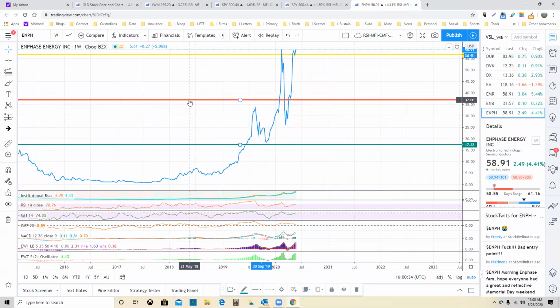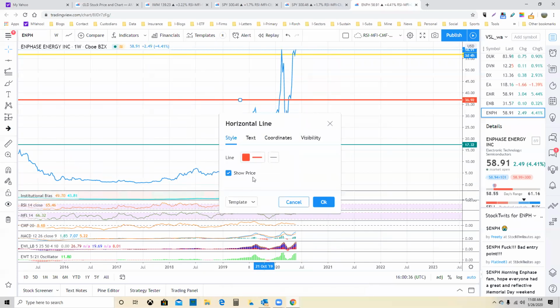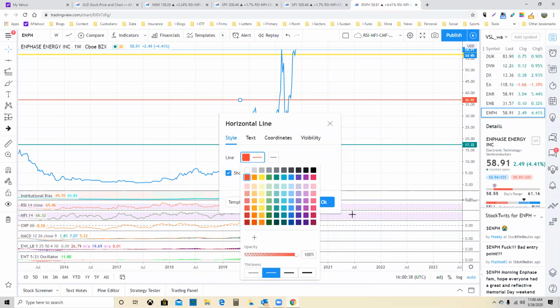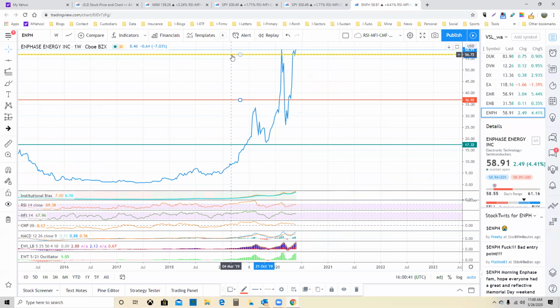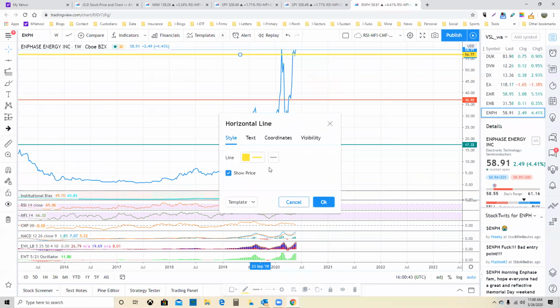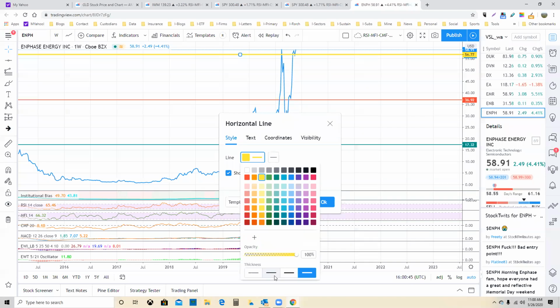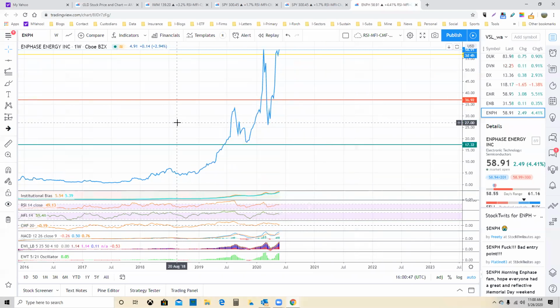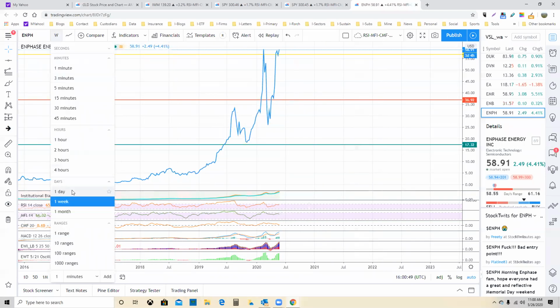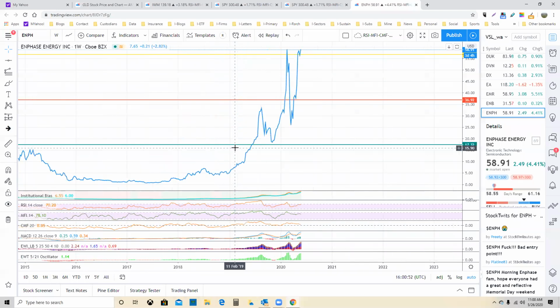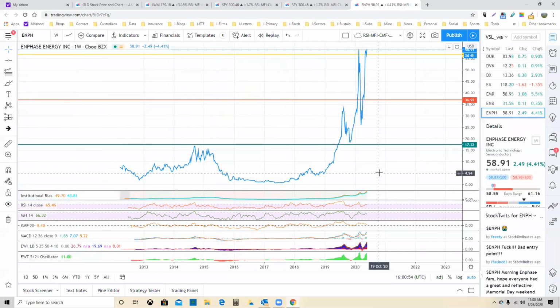Man, these lines are just from looking at the market structure, right? I mean, this is just eyeballing it. All right, so let's look at the daily. Yeah, this is a hard chart to use, right? Because it's just so vertical.